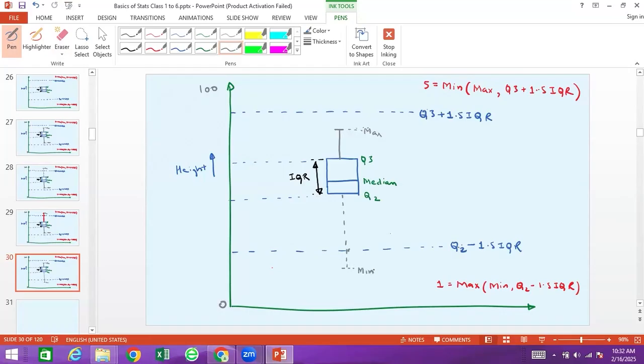This was the minimum value. Now between the minimum value and Q2 minus 1.5 IQR, which one is the bigger value? Q2 minus 1.5 times IQR. So we will create a whisker here, and whatever values are lesser than this, we will show like this.